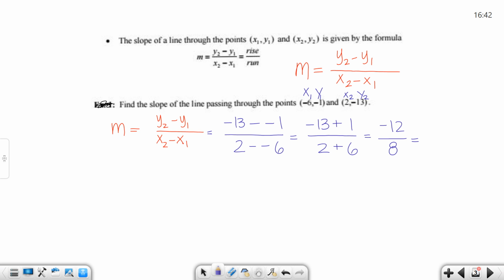Now, slope is a relationship between rise and run, so I want to keep it as a fraction. I do want it reduced, but make sure you keep it as a fraction. So if I reduce by 4, I get a negative 3 on the top and a 2 on the bottom, and that is my slope.